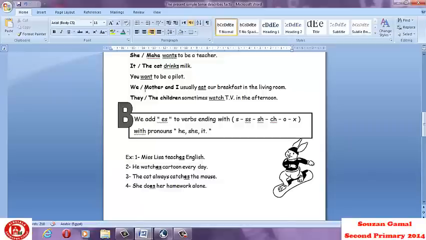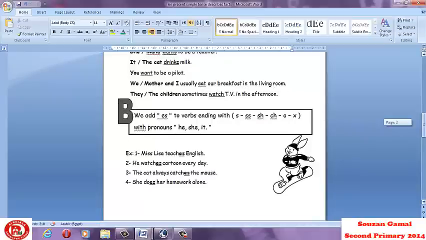Okay? This one. We or mother and I. Mother and I equals we. Usually eat or usually eats. We, so we can't say eats. So we will say we eat our breakfast in the living room.